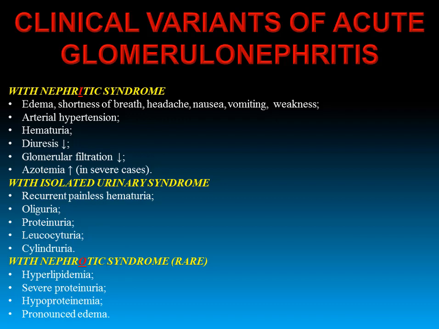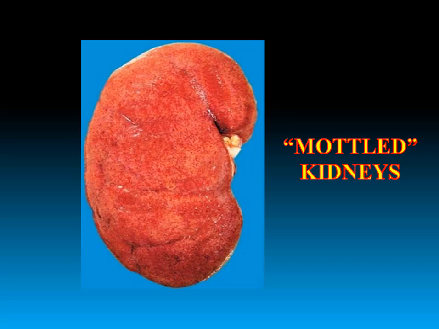Isolated urinary syndrome passes without any clinical manifestation except changes in analysis of the urine: painless hematuria, oliguria, proteinuria, leukocyturia, and cylindruria. And the rarest variant, nephrotic syndrome, is accompanied by hyperlipidemia, severe proteinuria, hypoproteinemia, and pronounced edema. Morphological appearance of the kidney in acute glomerulonephritis: it's a large mottled kidney.